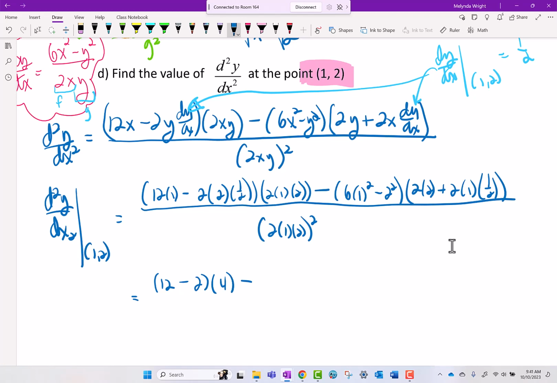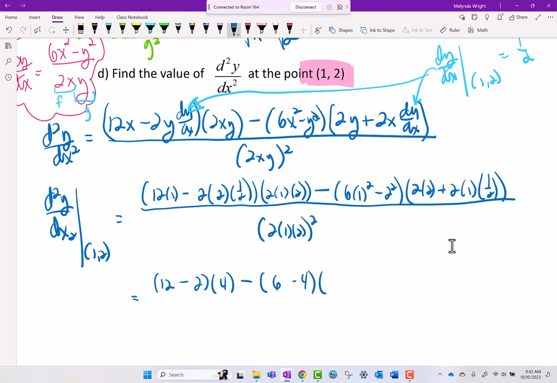Okay, so we're subbing our numbers in and we're getting ready to have fun with arithmetic. Okay, are we doing okay? Yes, ready to keep moving? Okay, so I'm just cleaning up, trying to do my arithmetic with the first set right here, minus 6 times 1 squared is 6, minus 4.